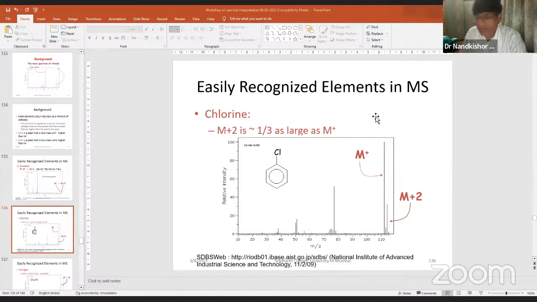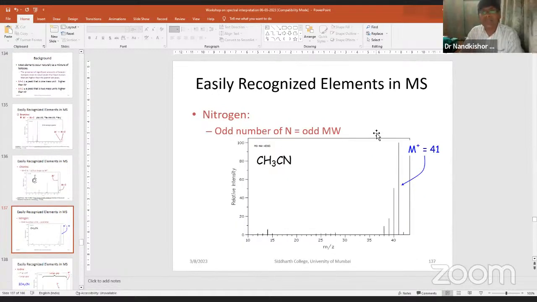Moving to the next spectrum. Here is the very famous nitrogen rule. What is the nitrogen rule? If the compound contains an odd number of nitrogens, the overall mass of that molecule will be odd.